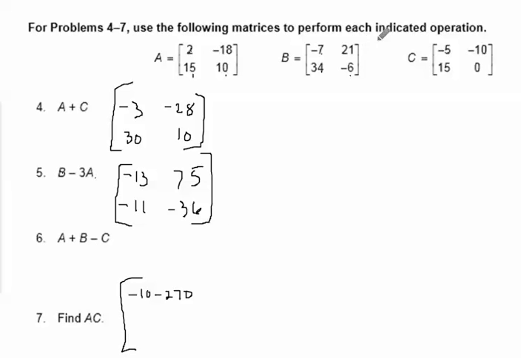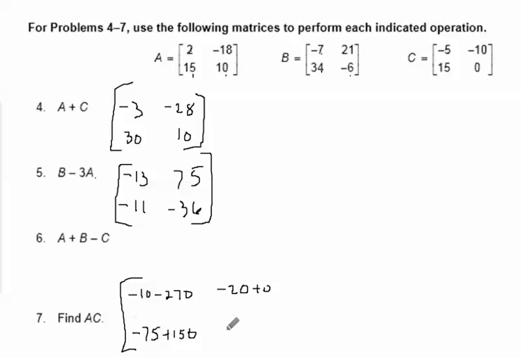I'm going to take the 2 and the 18 times 10 and 0. 2 times negative 10 is going to give me a negative 20. And negative 18 times 0 is going to give me 0. 15 and 10. 15 times negative 5 gives me negative 75. And then 10 times 15 is 150.